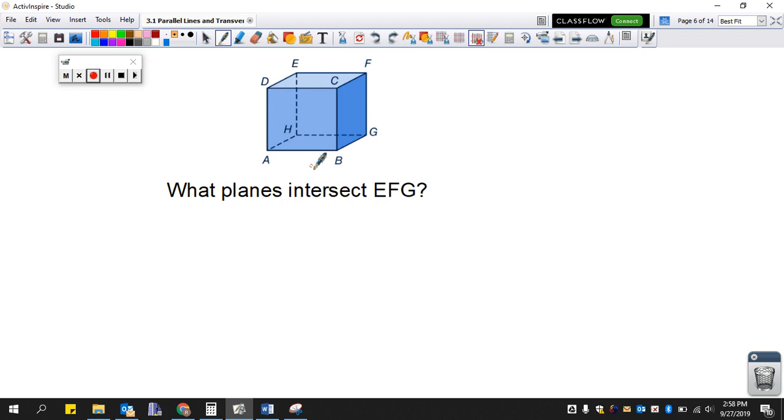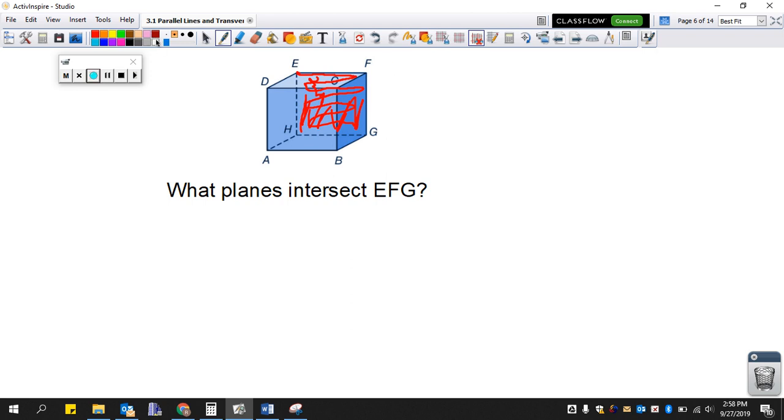Next example is what planes intersect EFG. All right, so EFG is the back of the cube, so that's the back here. Okay, that's the back. All right, so what planes intersect those?